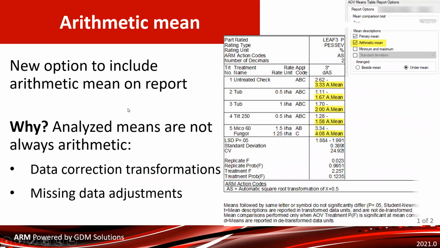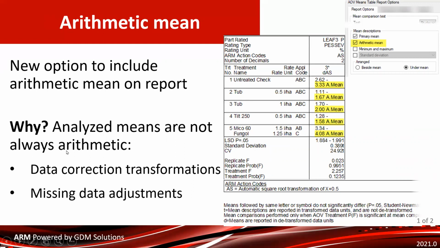This next one was an additional option for printing means on the report. This one will bring the arithmetic mean onto the report as well. It was really brought about as a request to see the raw, real mean of sorts.